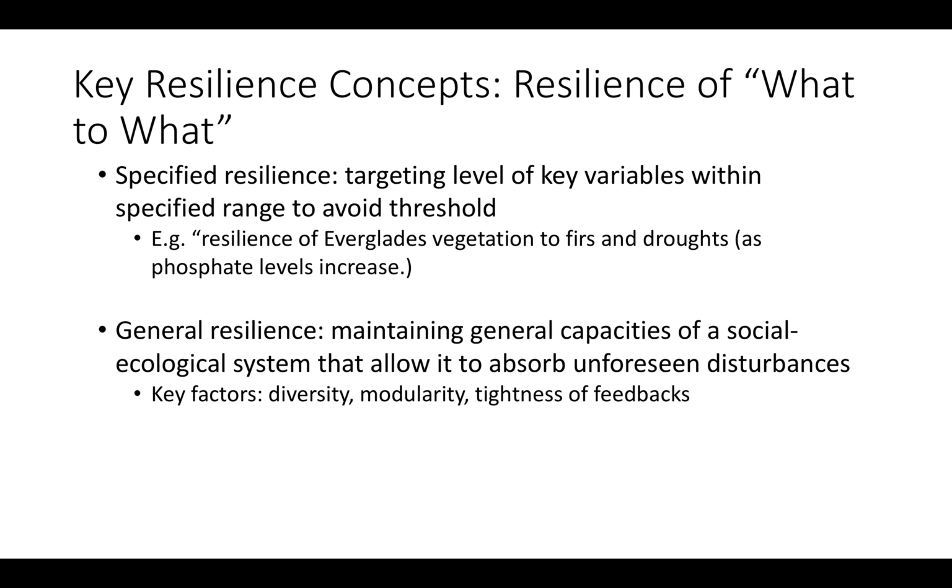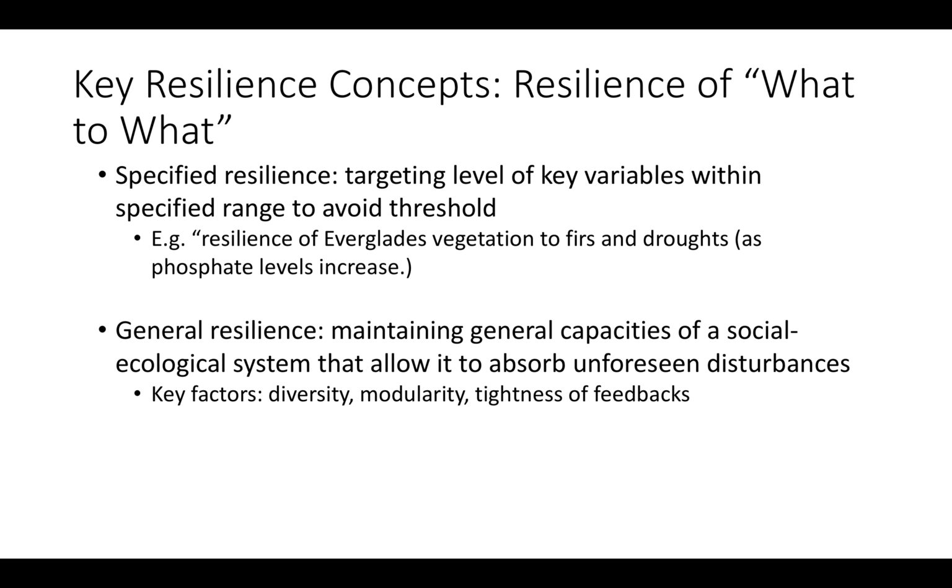The reading also makes a distinction between specified resilience and general resilience. Specified resilience refers to when we're in a situation where we know we want to keep some component of the system or some specific system resilient to some specific shock.